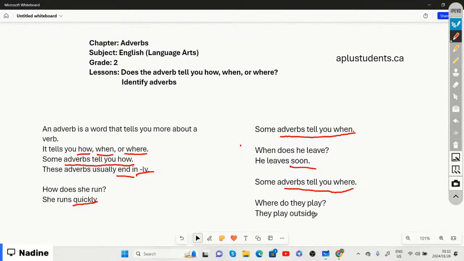And the answer is they play outside. So we said that where do they play? They play outside, which means that outside is our adverb that tells us where.